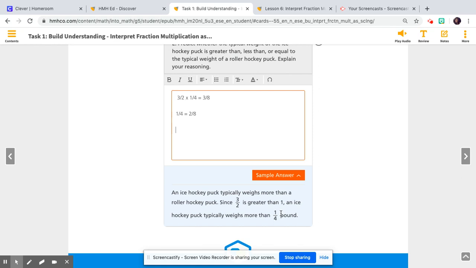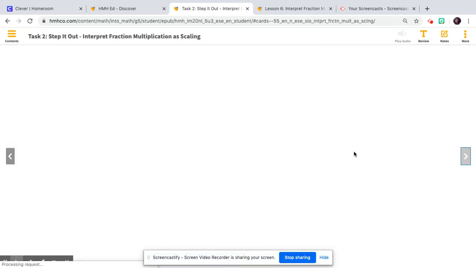Now we have 2/8 is the roller hockey puck, and this is my ice hockey. Okay? And you can see it did end up being greater than the 2/8 or the 1/4. Okay, let's go ahead and move on to the next question.